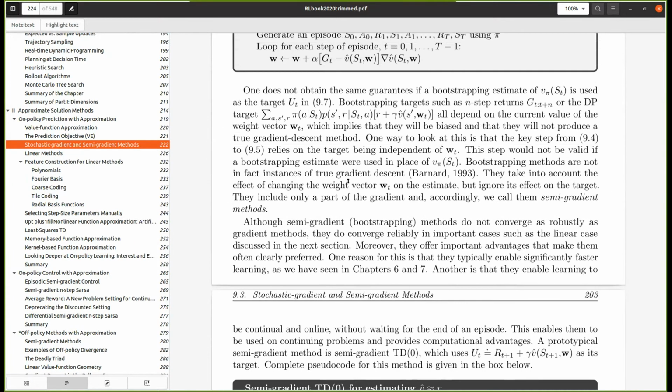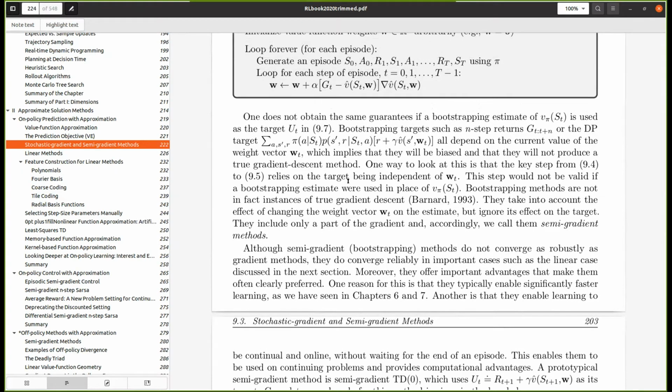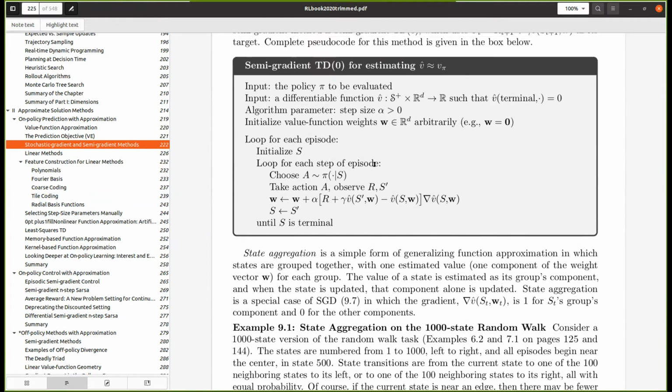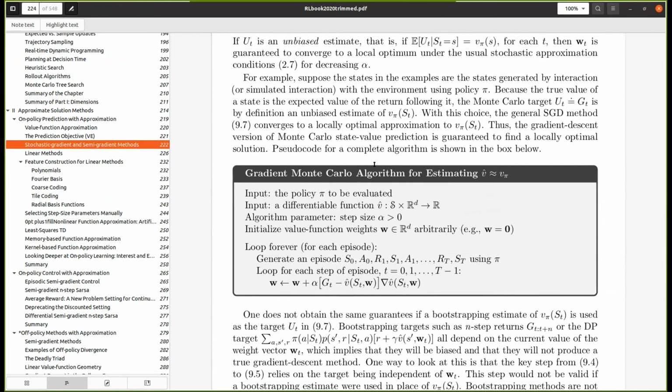In the first place, when doing this derivation, the U sub t here was obtained by first taking advantage of the fact that the true value function is independent of w, and therefore, applying the chain rule, we rewrote the gradient of the objective, right?